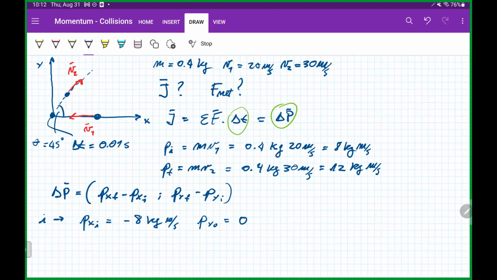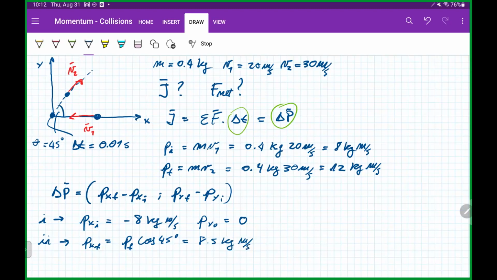All right. And for the second part, we have Px final equal to P final cosine of 45. And this is equal to 8.5 kilograms meters per second. Is that clear?